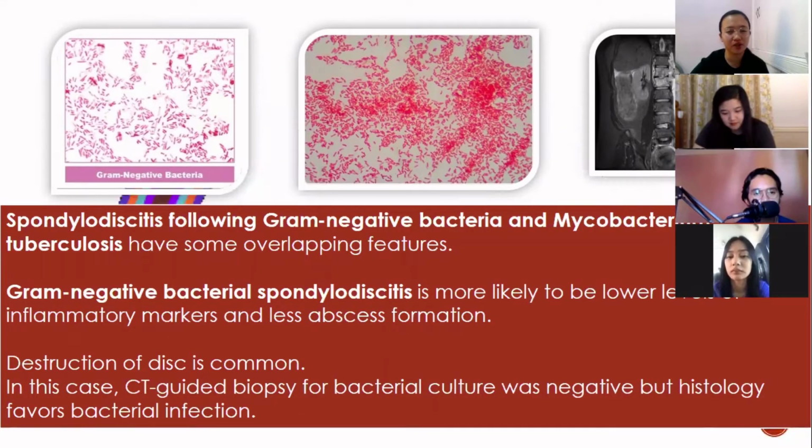Spondylodiscitis following gram-negative bacteria and Mycobacterium tuberculosis have some overlapping features. Gram-negative bacterial spondylodiscitis is more likely to have lower levels of inflammatory markers and less abscess formation. Destruction of this is common. In this case, CT-guided biopsy for bacterial culture was negative, but histology favors bacterial infection.